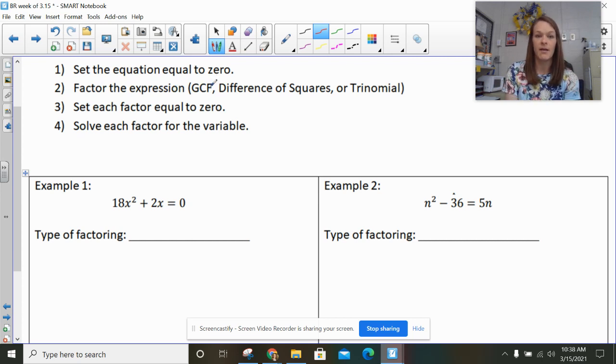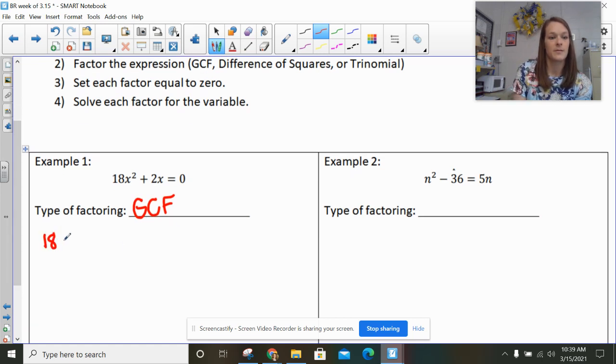It's either going to be like a GCF, a difference of squares, a trinomial, or it could be a combination of them. Here I just have two terms, so it's not a trinomial. 18 and 2 are not perfect squares, so this one is going to be a GCF.